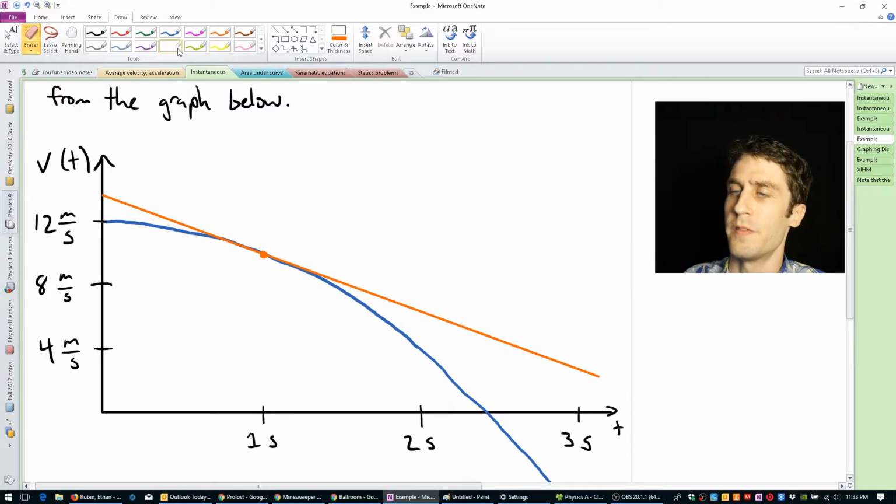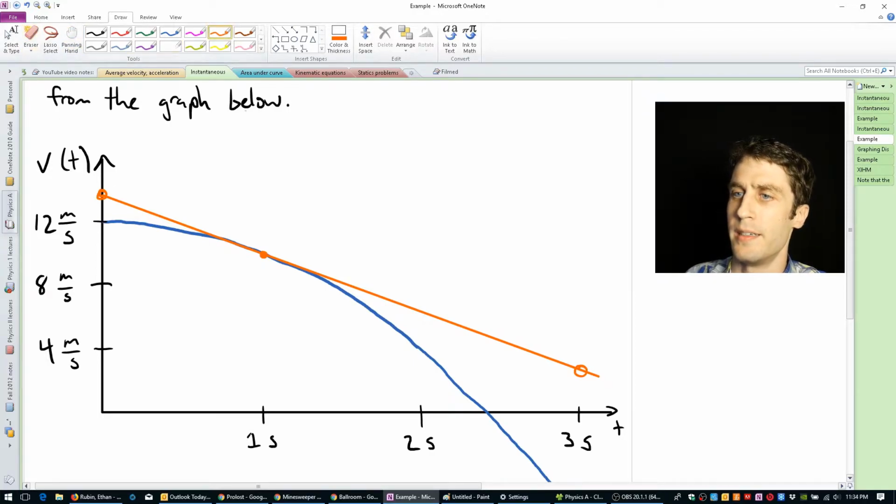And let's find the slope of this tangent line. So, what I'm going to do is I'm going to pick this point, and I'm going to pick this point. So I'm going to be good and use points that are kind of at the extreme ends here.